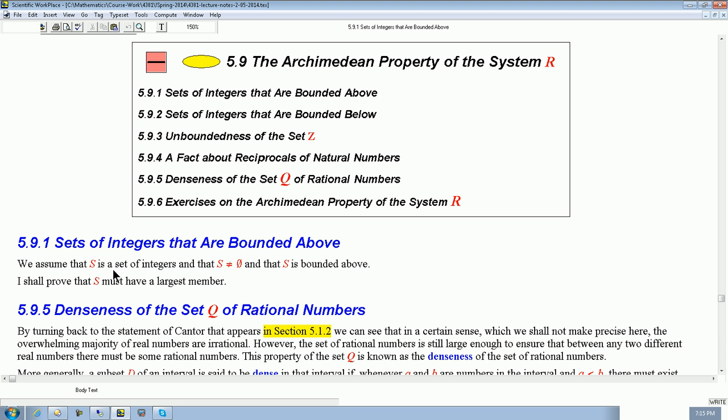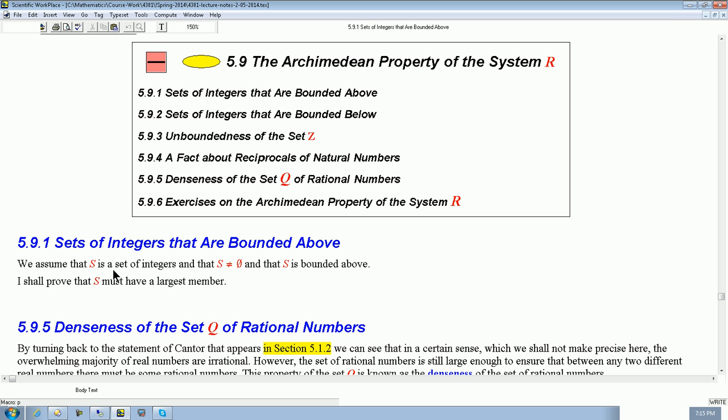You see, the set of all integers can't have a largest member, because if you take any integer, you can add 17 and get a bigger one, right? So I'm going to tell you that when a set of integers is non-empty and bounded above, it's got to have a largest member, and here's the proof. Here's the proof. I'm going to use contradiction.